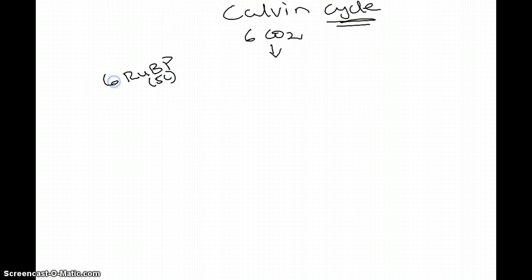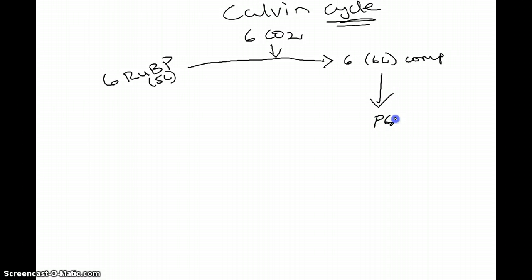So 6 RuBP react with the 6 CO2 to create 6 carbon compounds. However, these 6 carbon compounds are unstable, so they immediately turn into something called PGA.